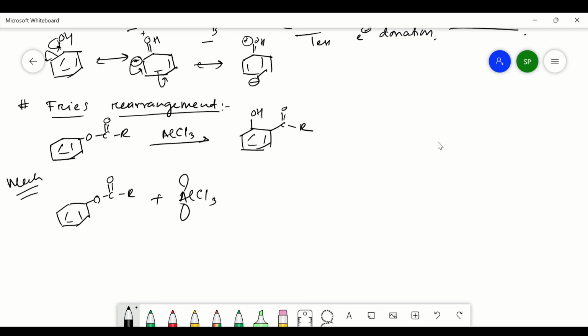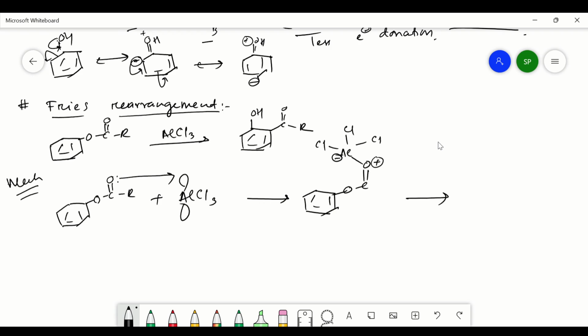Okay, in the first step, this oxygen will donate electrons to aluminum, and there will be formation of one complex. As it donates electrons, it becomes positively charged. Aluminum accepts electrons, so it becomes negatively charged. Okay.